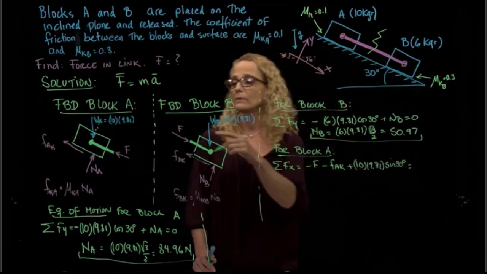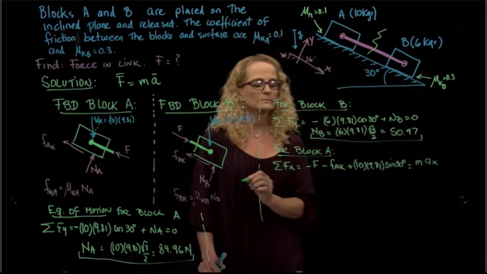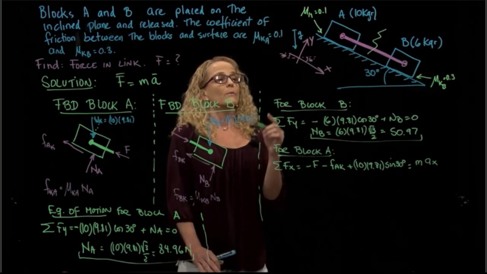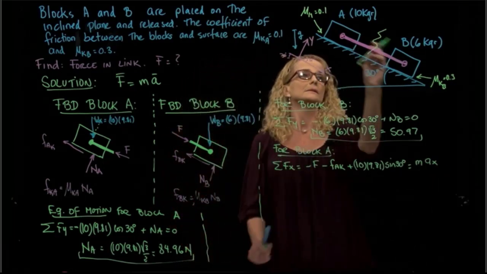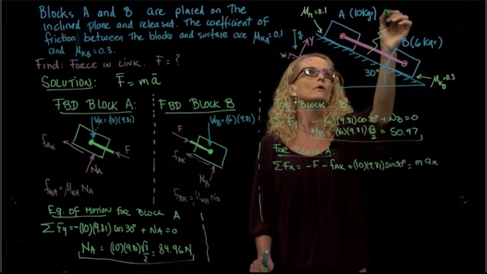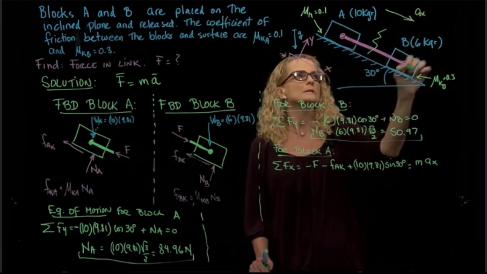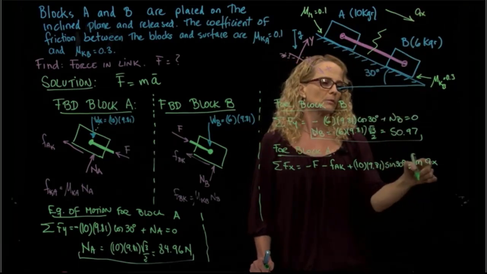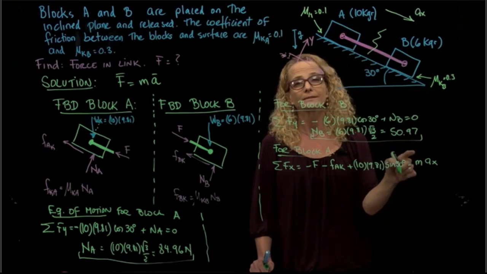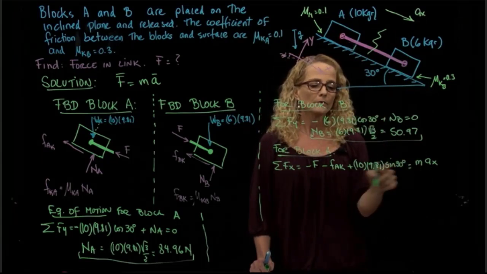And that will be equal to mass times acceleration. Since this link is connecting both blocks, I have only one acceleration for the whole system in x. So that's the common acceleration for block A and for block B. So that will be my first equation.